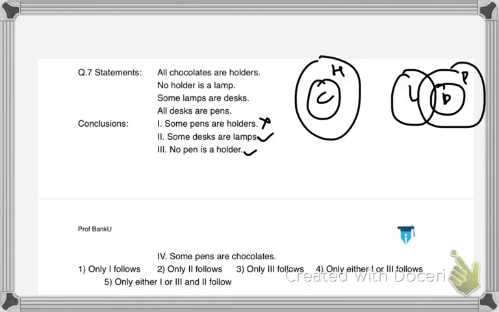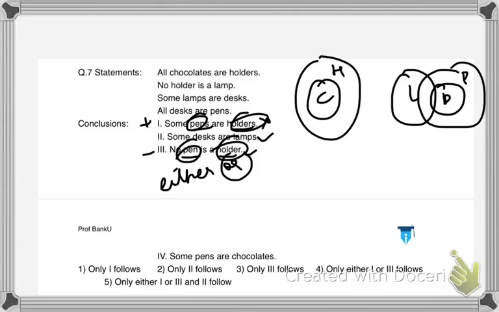But remember one thing: there is a pen and a holder in this conclusion, and there is also a pen and a holder in the other conclusion. So this is a positive conclusion and this is a negative conclusion, and the two objects in both the conclusions are the same. So this becomes an either or case, and you know that the either or case is most of the time true.